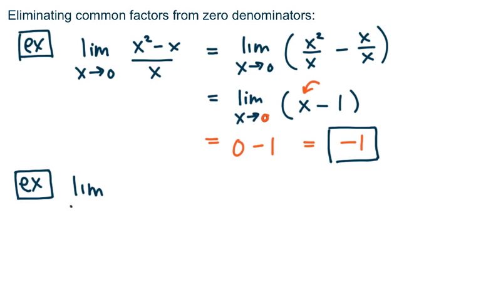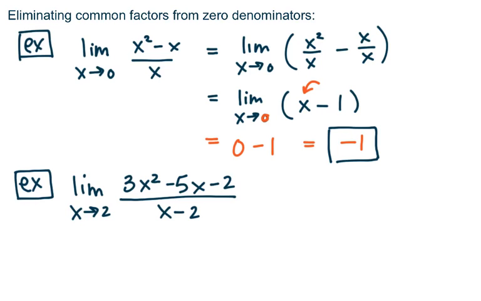We'll say the limit as x approaches 2, 3x squared minus 5x minus 2 divided by x minus 2. So I have a quadratic polynomial over a linear polynomial. And the nice thing here is this quadratic polynomial factors.